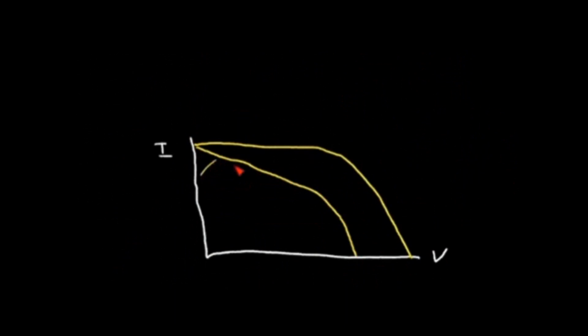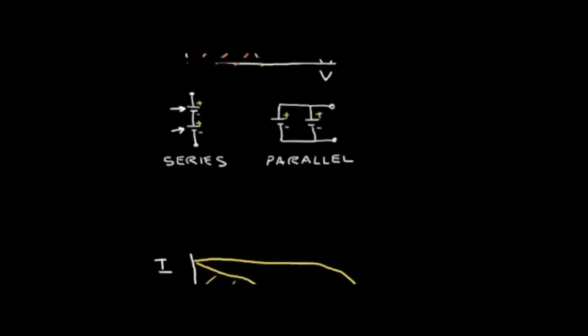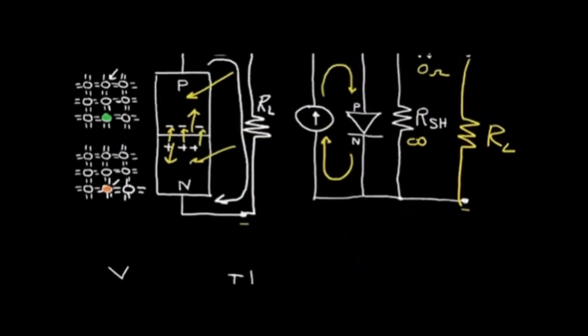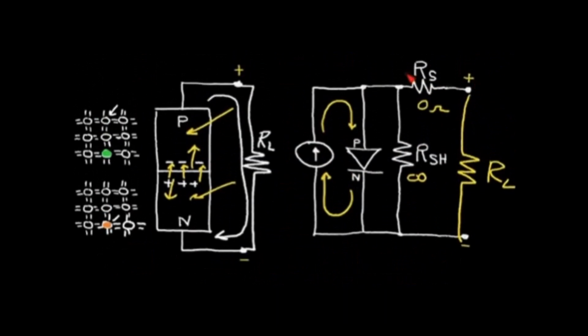And again, the area represents the power that we can extract from the solar cell, and it has been diminished. So let's next do a computer simulation of this solar cell. Let's take this circuit here and do a computer simulation and get a better understanding for how this solar cell works.